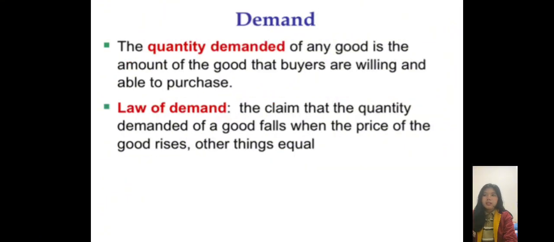Okay, next is demand. Quantity demanded of any good is the amount of the good that buyers are willing and able to purchase. Law of demand. The claim that the quantity demanded of a good falls when the price of the good rises, other things equal.